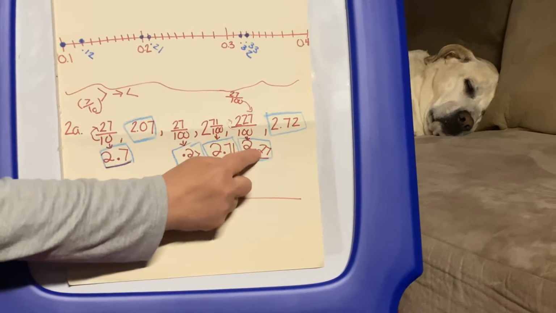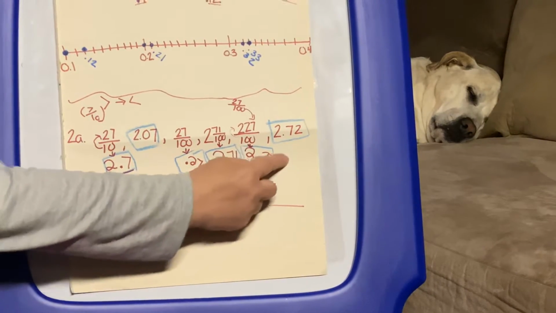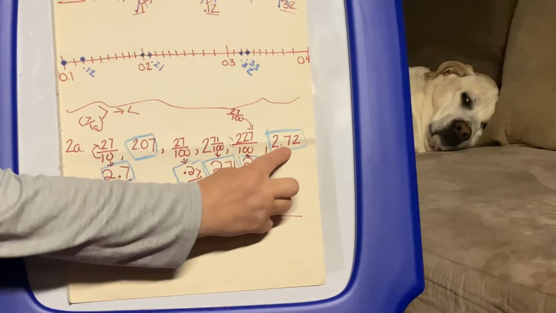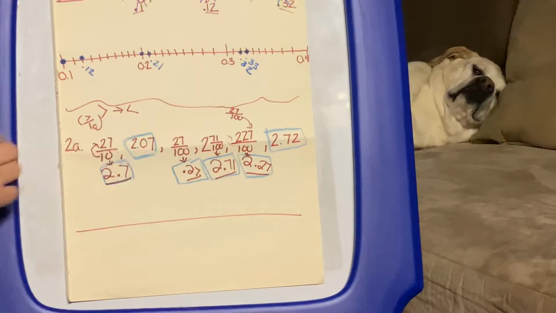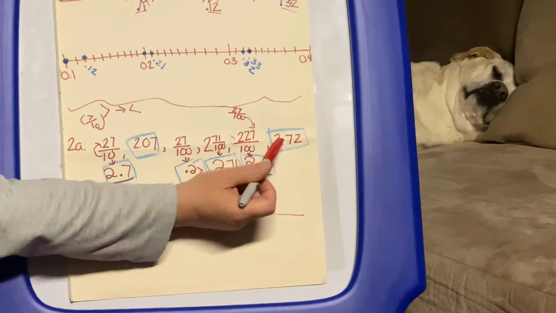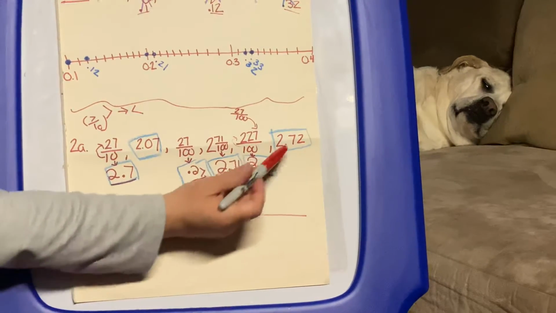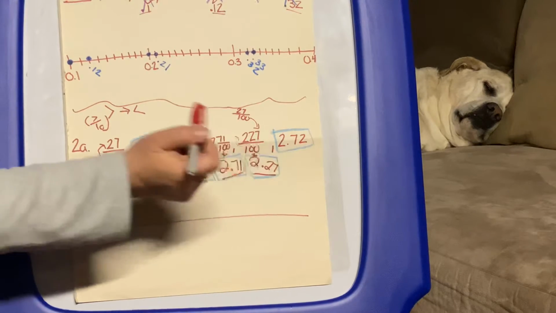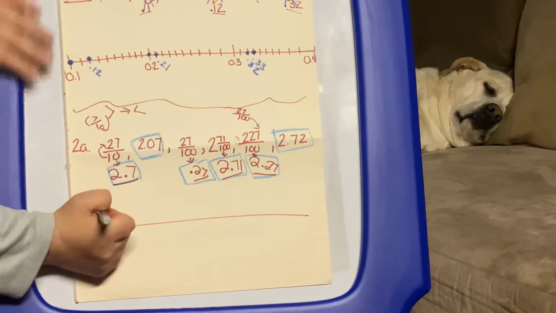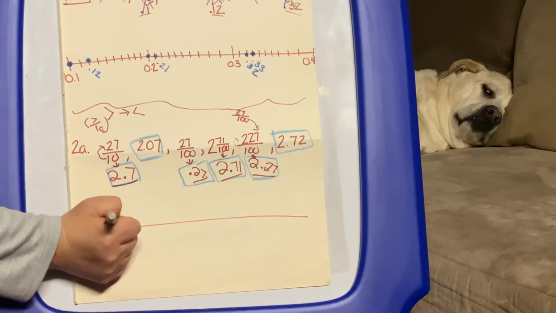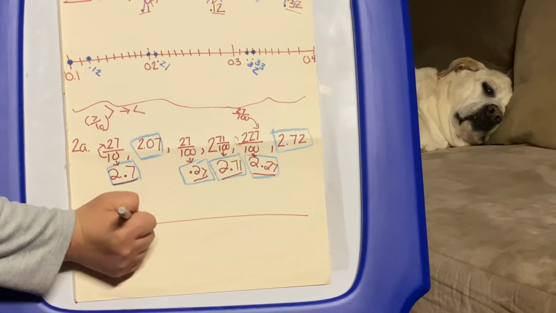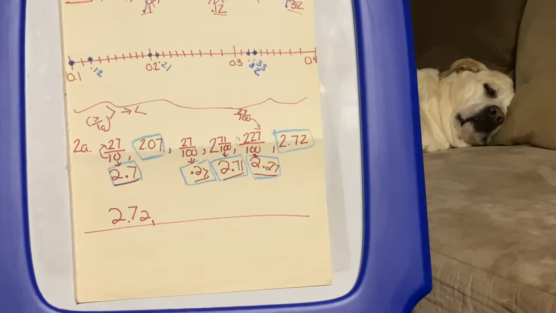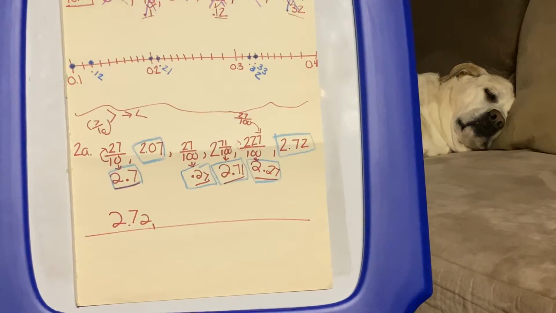2.27, well, the 2 is smaller than the 7, so I can't move on to the next one. 2.72. Okay, so I'm comparing 2.72 and 2.71. 2s are the same, so I can't use them. 7s are the same, so now I'm going to the hundredths place. A 1 and a 2. Well, 2's bigger, so on my line, I'm going to write 2.72 because that's my biggest. And sorry, guys, I am writing upside down, so it might be a little bit different.